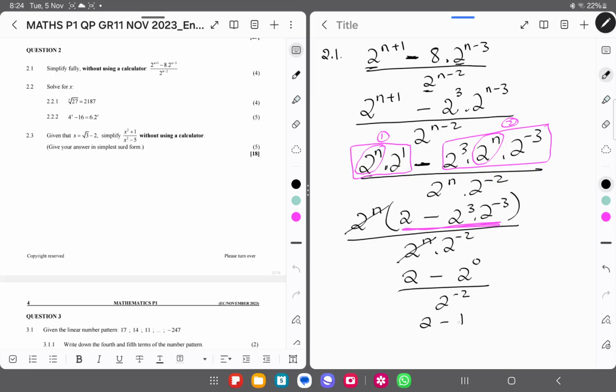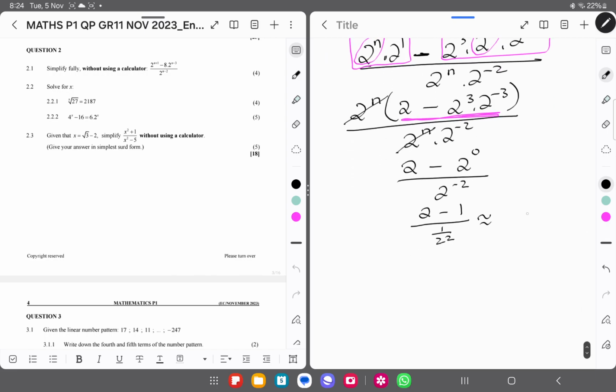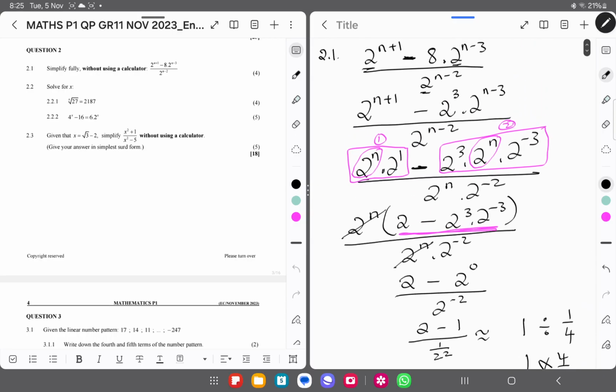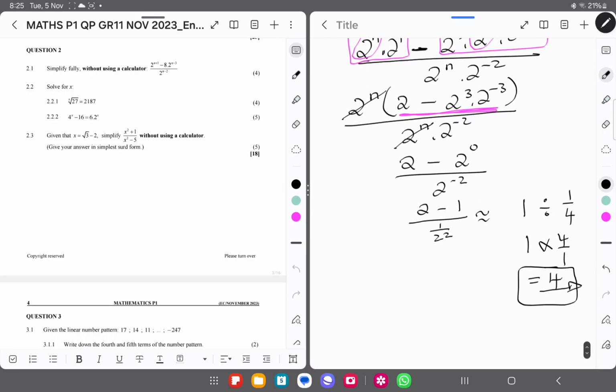This is 2 minus 1, over 1 over 2 squared. 2 to minus 2 is 1 over 2 squared. 2 minus 1 is 1 over. I don't like double division, so I'll rather have 1 divided by 1 over 4. And this is 1 times 4 over 1, which then gives you 4. So that becomes your answer. 4 is your answer. I hope you understood that one.